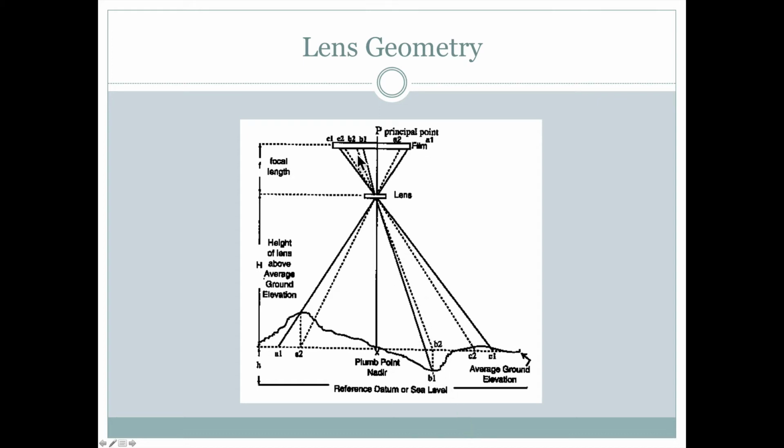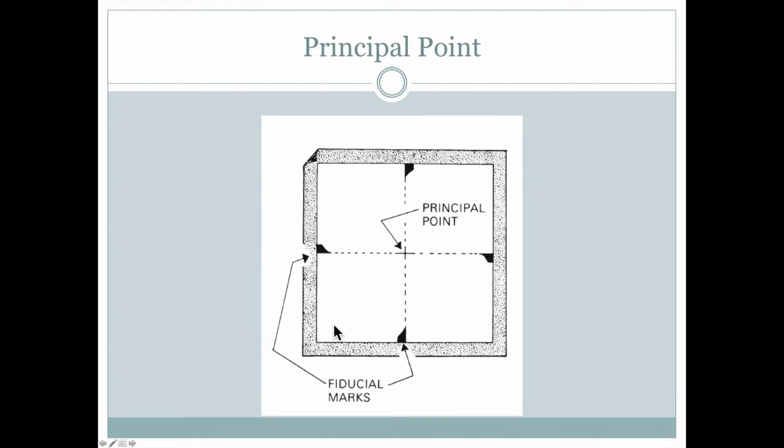And if we looked at this image, we might believe that B1 was actually coming from a point here, even though it's coming from a point down here. So there's a lot of distortion associated with an image because it's just a 2D representation of this 3D Earth here. But we can do some things to address those distortions.